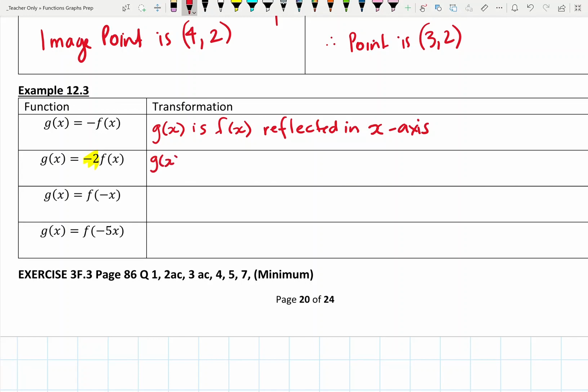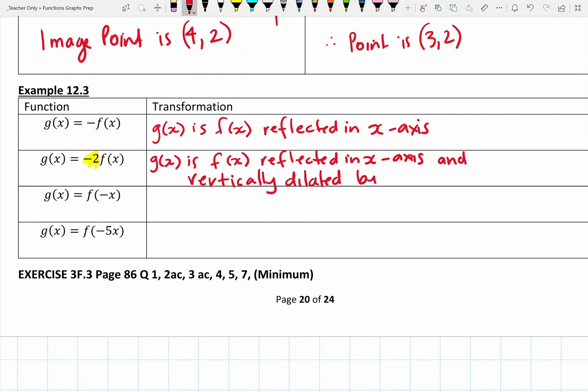So g of x is f of x reflected in the x-axis and vertically dilated, because the factor is outside the function, vertically dilated by a scale factor of 2. So you need both of those pieces of information.